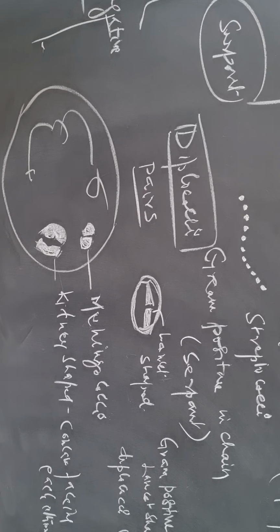First one is plano-convex or half moon shaped, plane surfaces facing each other. The next one is kidney shaped, concave ends facing each other.